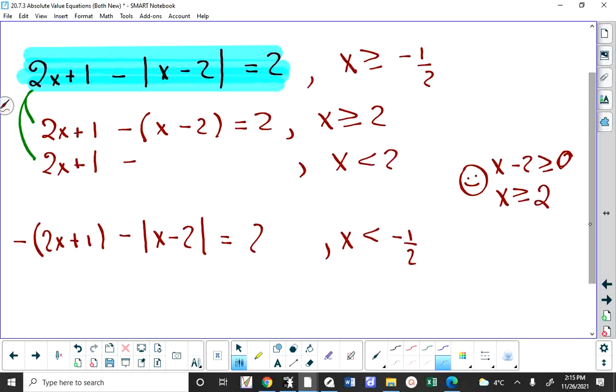So I'm going to have to subtract negative 1 times x minus 2. Really, part of me here, Isaac, just wanted to put plus because it was minus and I had to multiply by negative.